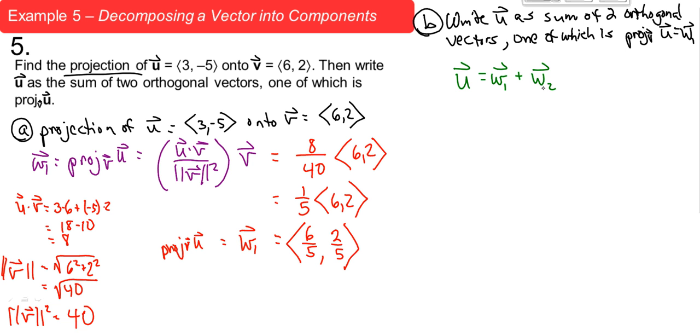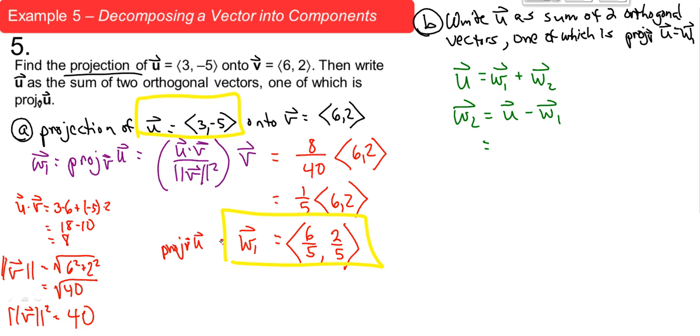So if I subtract W1, that means W2 on the left is equal to u minus W1. And I happen to know both of those. So u is one of my original vectors, and W1 is this one that is right here. And so all I have to do is subtract those two vectors, and that should be my W2 vector, and then I'll write my answer.